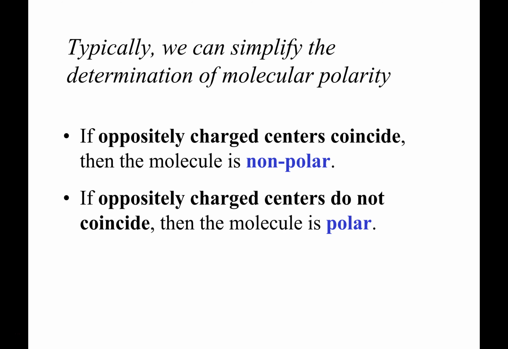If they don't coincide, then you're just a hop, jump, and a skip away from just drawing in the vector we've been talking about. Where the positiveness is, that's going to be the start of your net dipole moment. The center of negativeness is going to be the end of your net dipole.